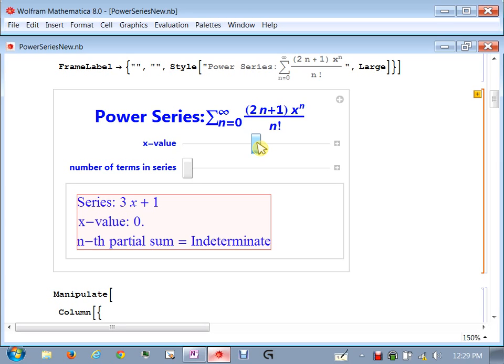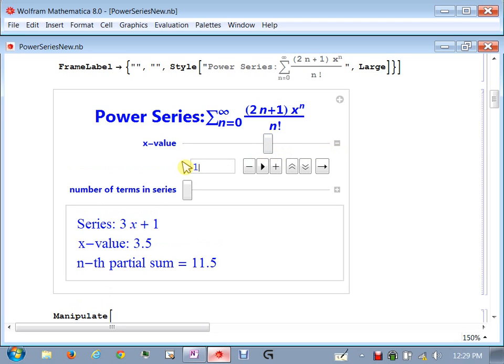Let me see here. Okay, so here's what we got. Here's the series, right? That's the one we're interested in. With the way I wrote this code, I'm going to be able to pick the value of x that I want, and then have the computer add up the first however many terms.